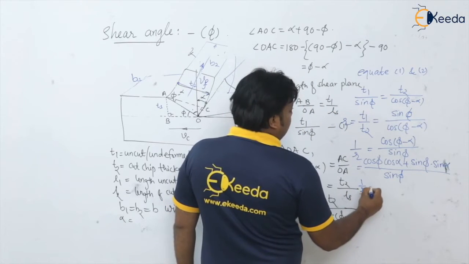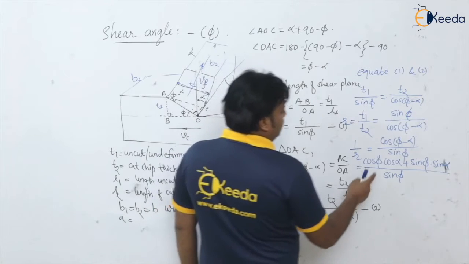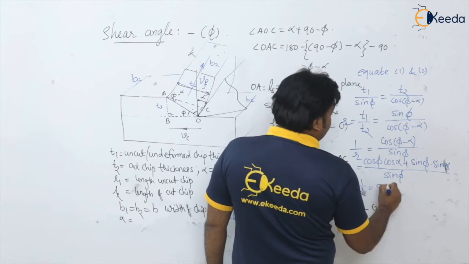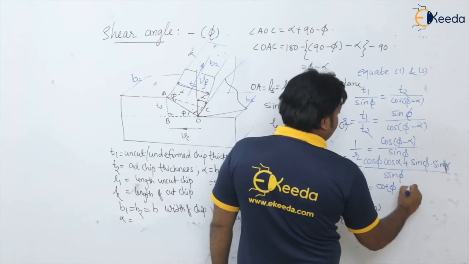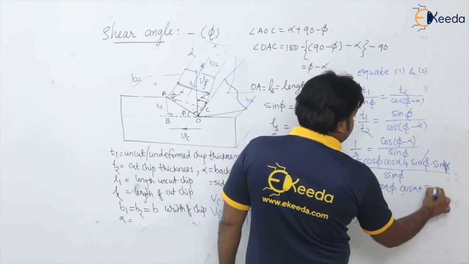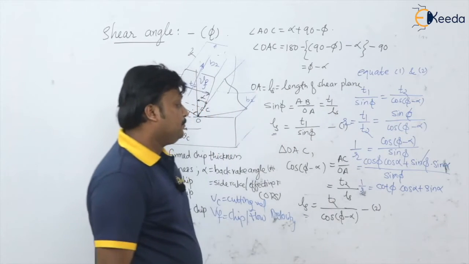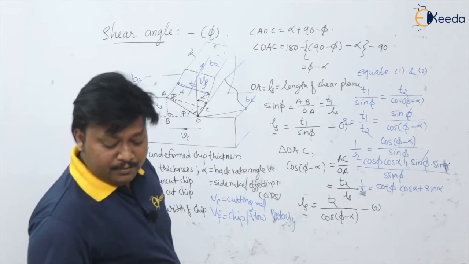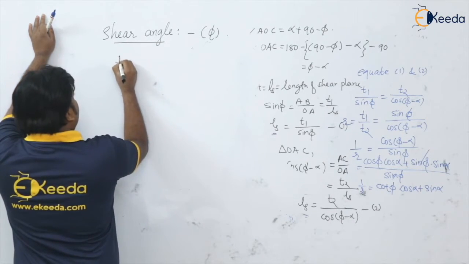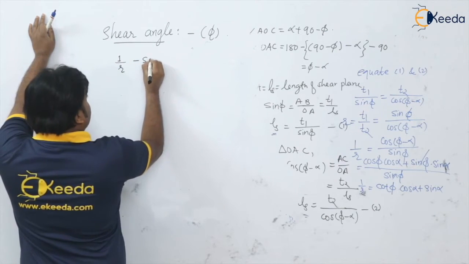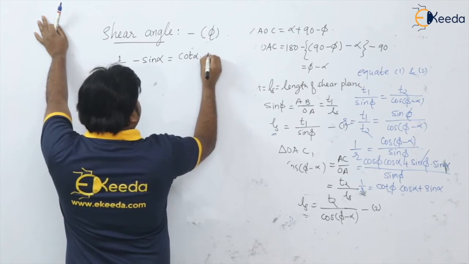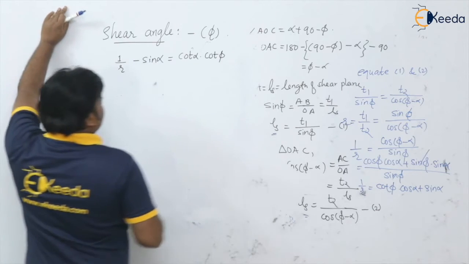So therefore 1 upon R is equal to cos phi divided by sine phi, that is cot of angle phi into cos alpha, plus sine phi gets cancelled, so only sine alpha is there, isn't it? So if I simplify this, 1 upon R minus sine alpha is equal to cot phi into cos alpha, isn't it?